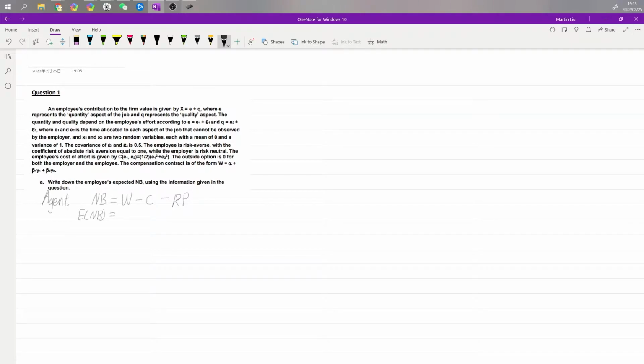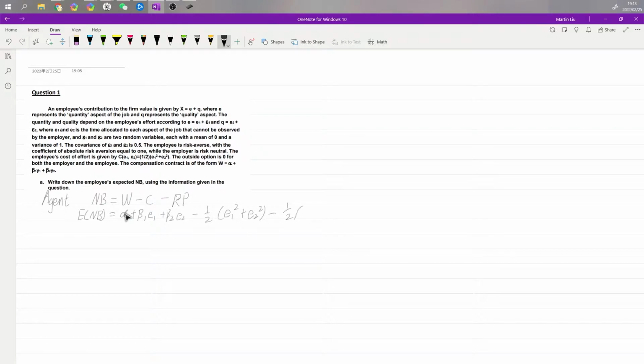And if you solve it all the way to the end, the expected NB should turn out to be alpha plus beta 1 E1 plus beta 2 E2 subtracted by a half, and you just simply copy down the cost function, E1 squared plus E2 squared, subtracted by the risk aversion term.